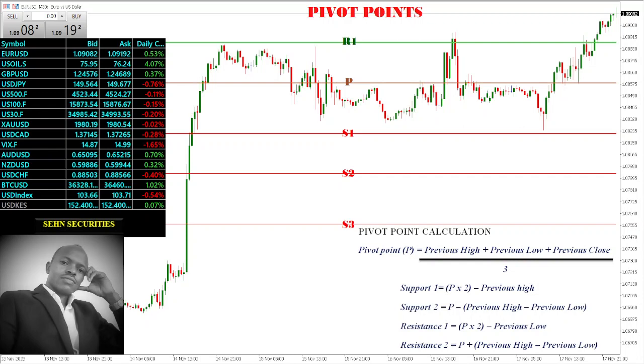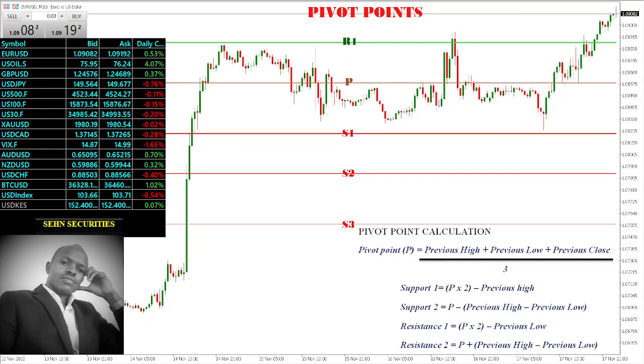At the same time, as you look, we can see that the first support is given by multiplying the pivot point by 2 and then subtracting the previous high from the product you get from the multiplication of the pivot point by 2.